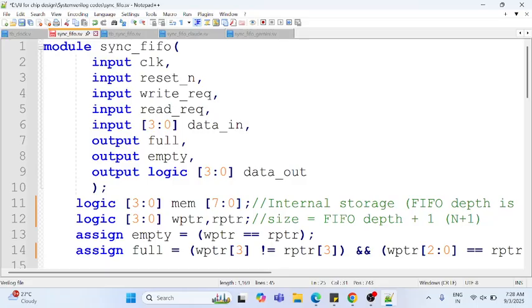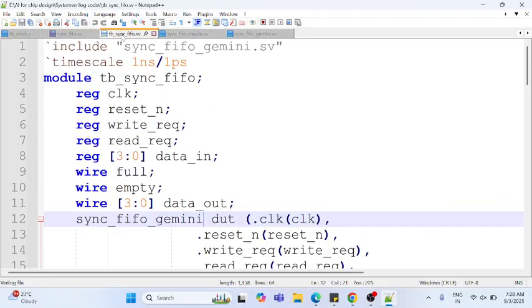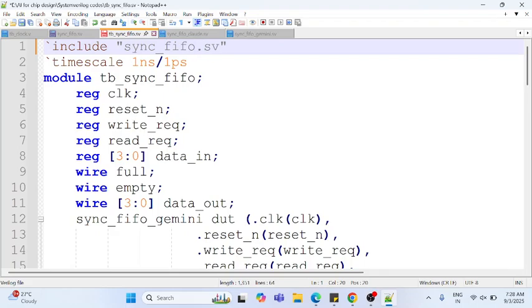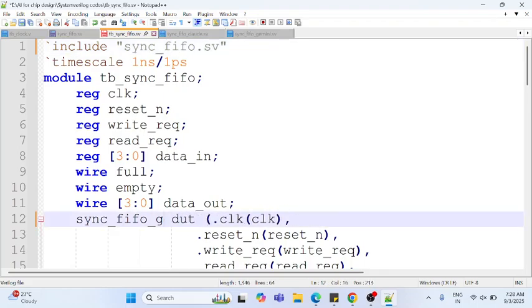Now for checking this, I have written a small test bench. This one is synchronous FIFO.sv. So now time scale.